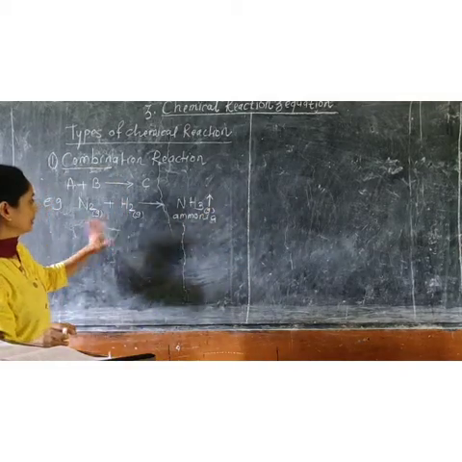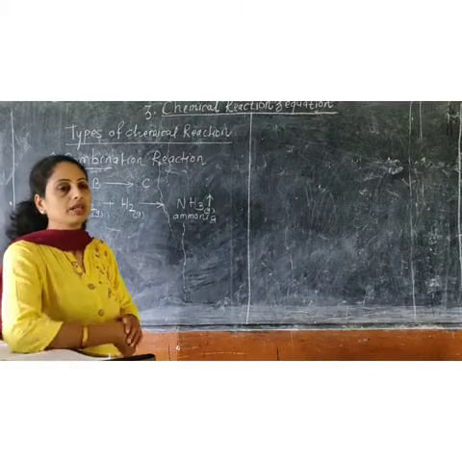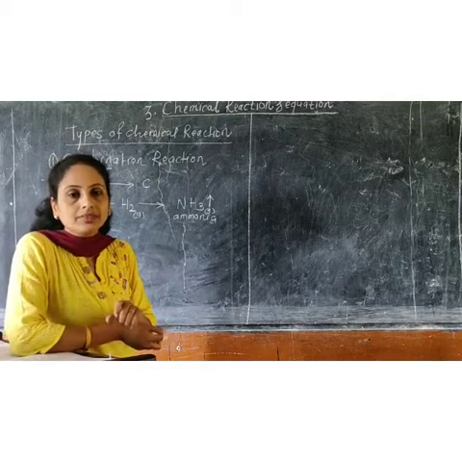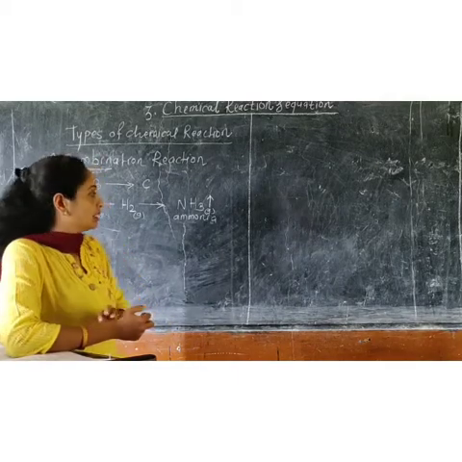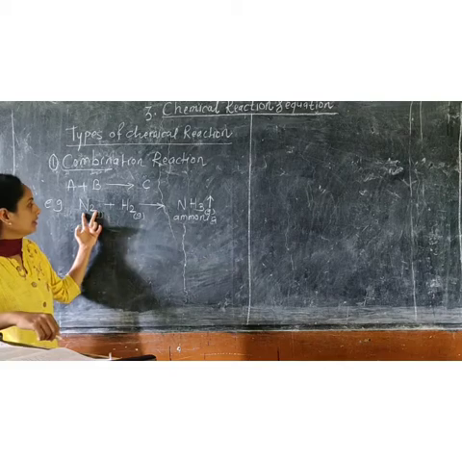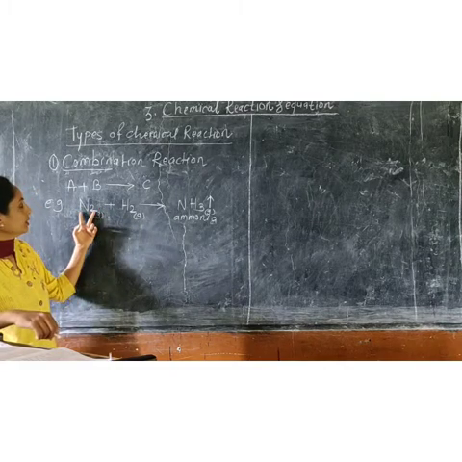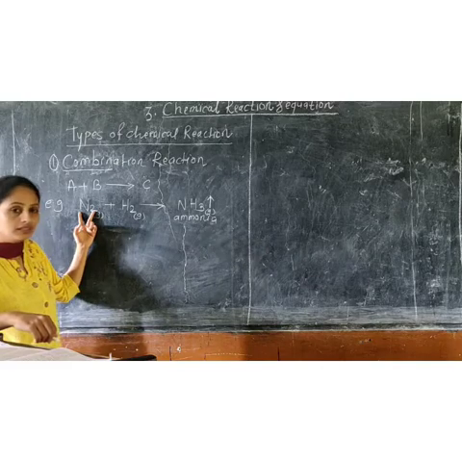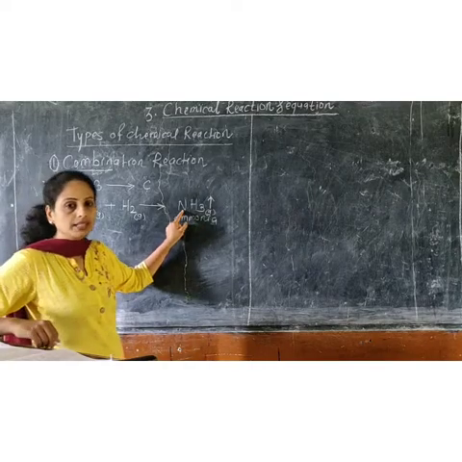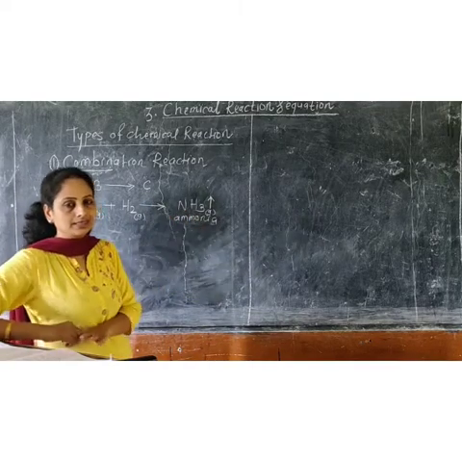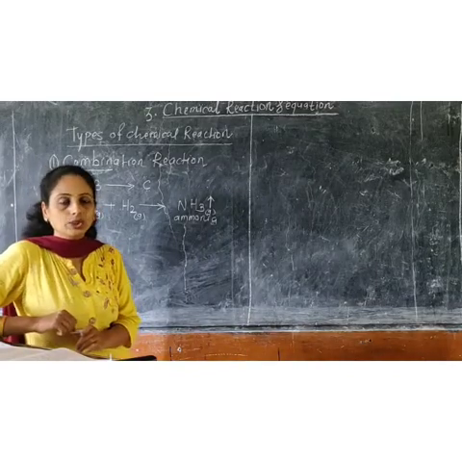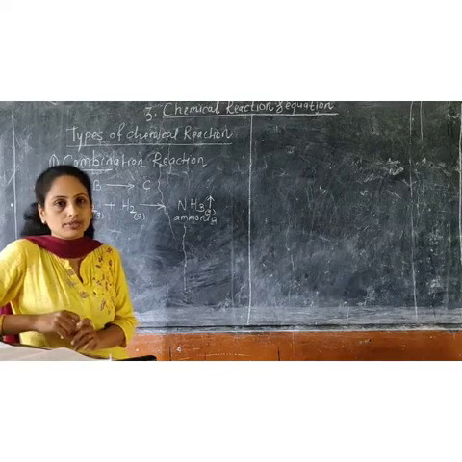Nitrogen reacts with hydrogen. We have to balance this reaction. In the next session, we will study how to balance the given chemical reaction, but here we will try to balance it. Here, the number of atoms of nitrogen: there are two nitrogen atoms on the reactant side, and on the product side there is only one nitrogen atom. What is the need of balancing, all that we will study in the topic balancing of a chemical equation.